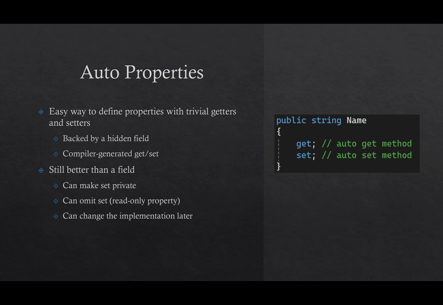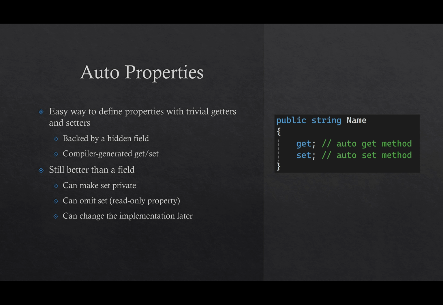There is an implied, hidden field that backs this property, because the data has to be stored somewhere. But the compiler just generates that field for us. We don't even really see the field. We can only access it through the property. So this is really equivalent to the example on the last page.